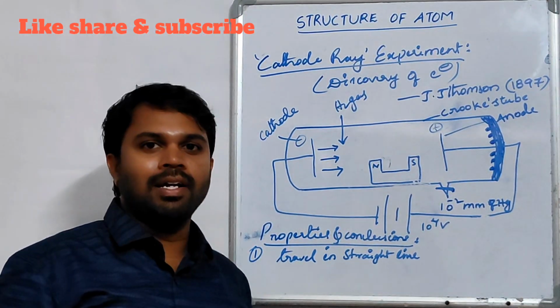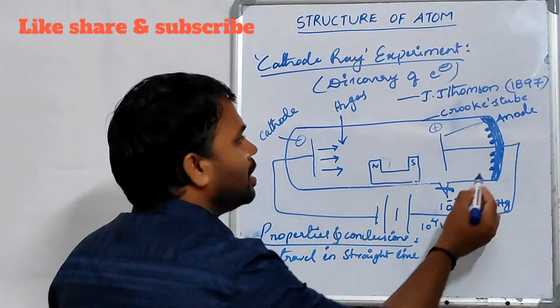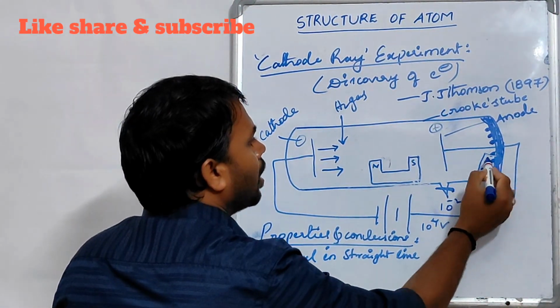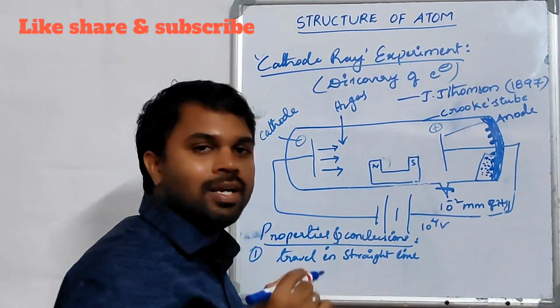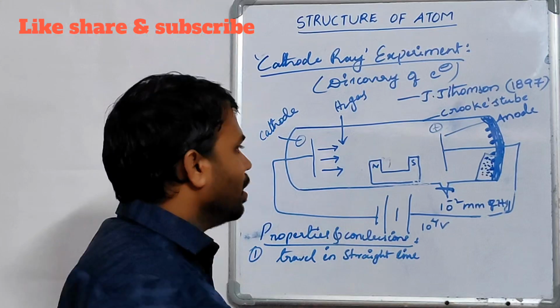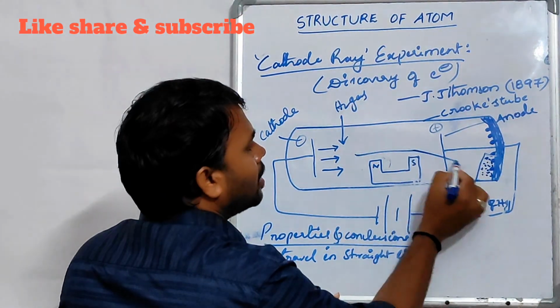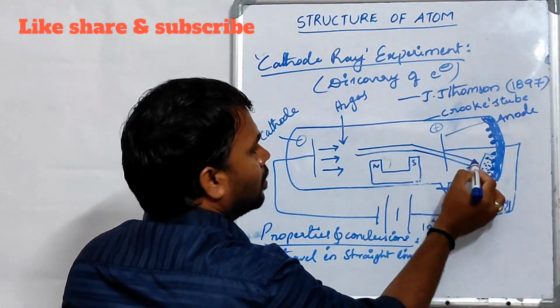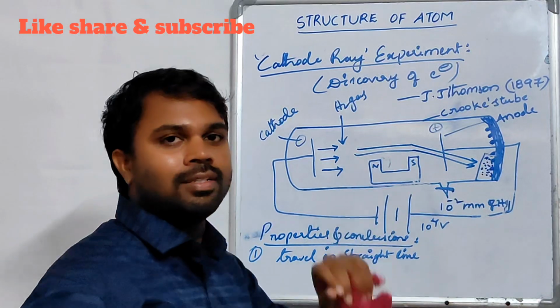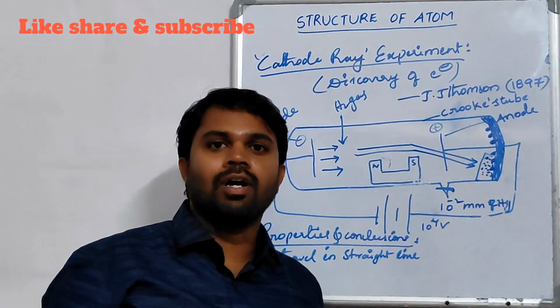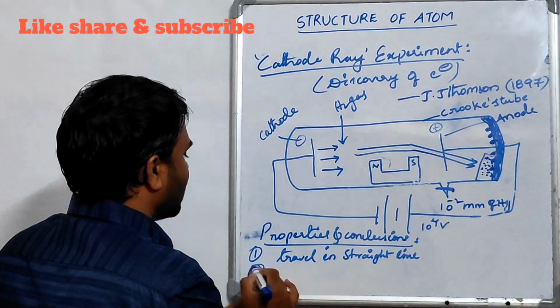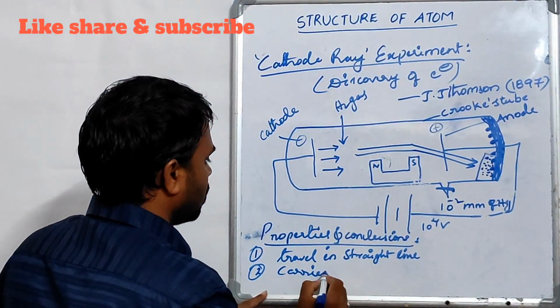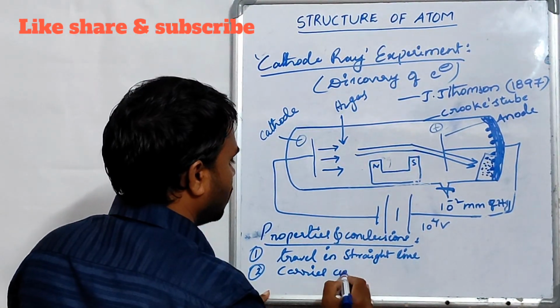Now, he turned on the battery and observed that this part of the screen glows continuously. Based on this, he concluded that the path of these invisible rays gets deviated towards this side. That's why this part of the screen glows continuously. The second property is that these rays carry a certain charge.